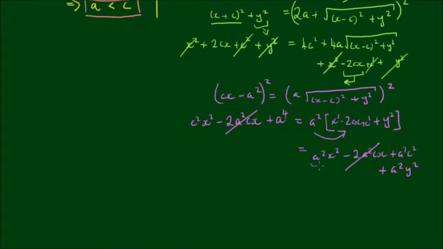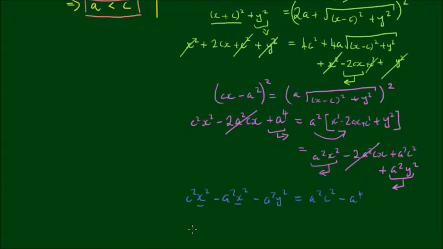And let's move all of the x's and y's to the left hand side and move all the constants to the right hand side. So now we have on the left hand side c squared x squared minus a squared x squared minus a squared y squared equals a squared c squared minus a to the fourth.